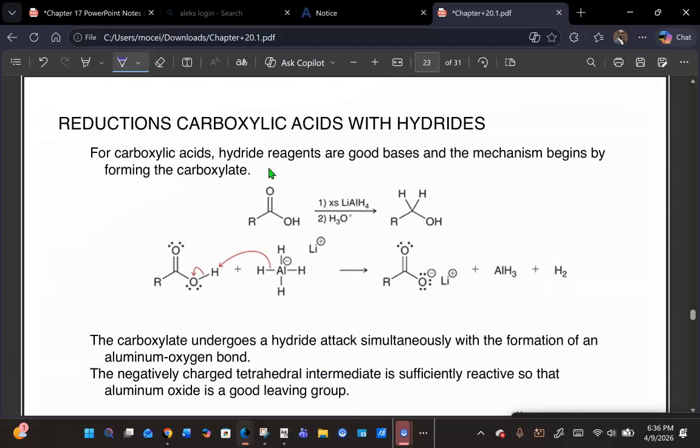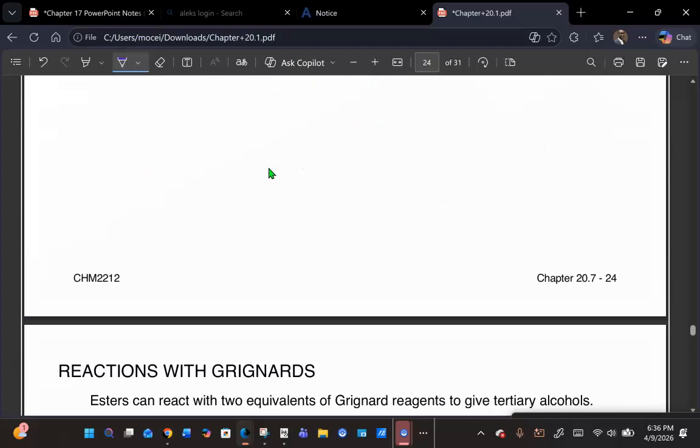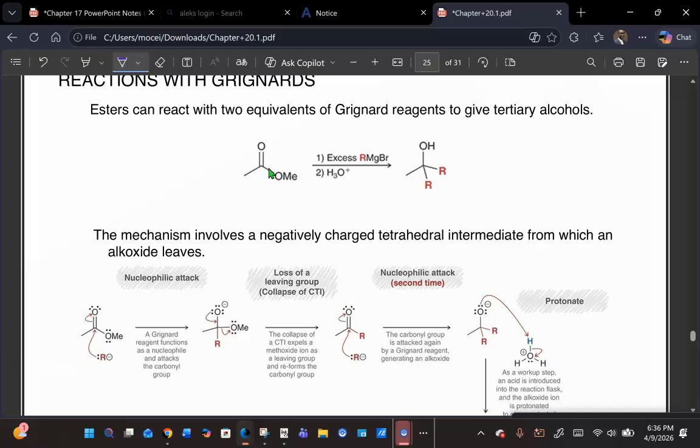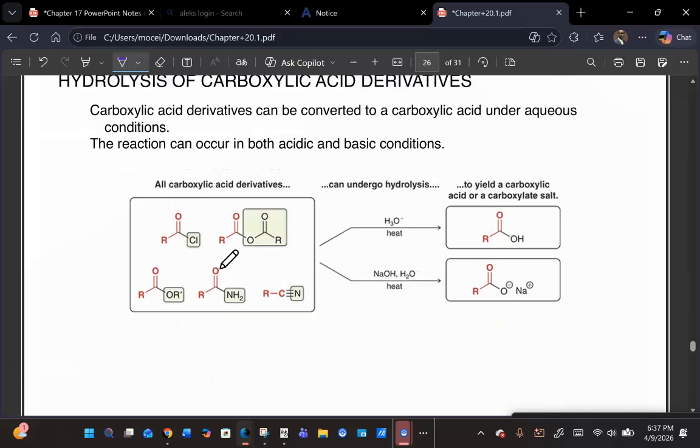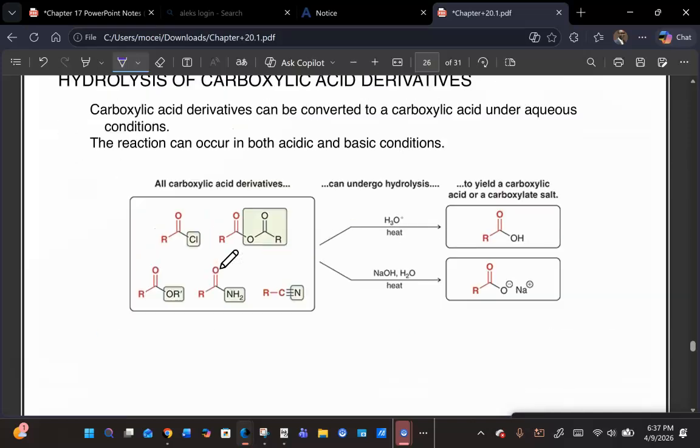And these are reductions, but before I do that, let me see something. And this is a Grignard. I told you Grignard is a strong. So this is what you're telling me. If you're starting with acid chloride, you end up with carboxylic acid; anhydride, carboxylic acid; ester, carboxylic acid; amide, carboxylic acid; nitrile, carboxylic acid.